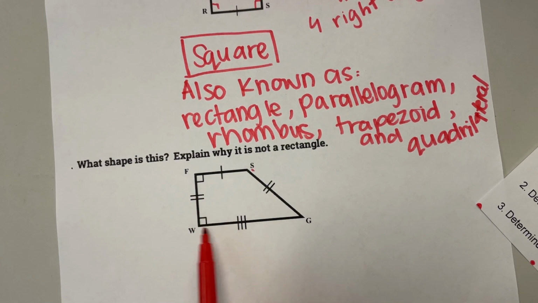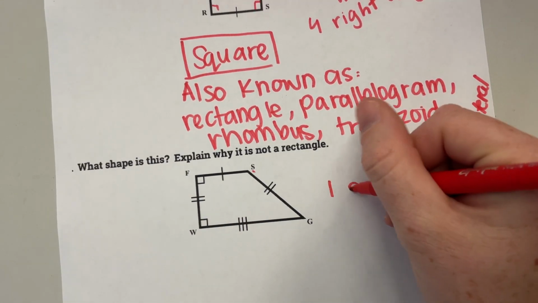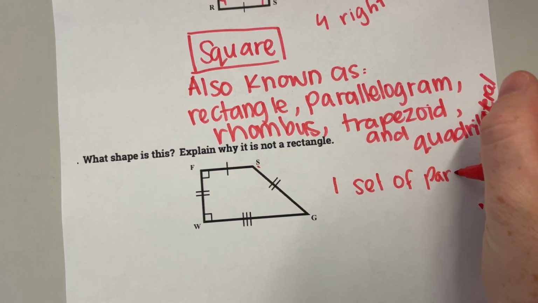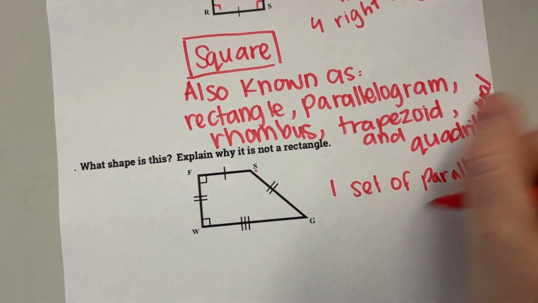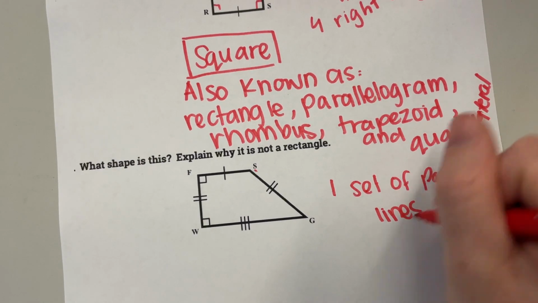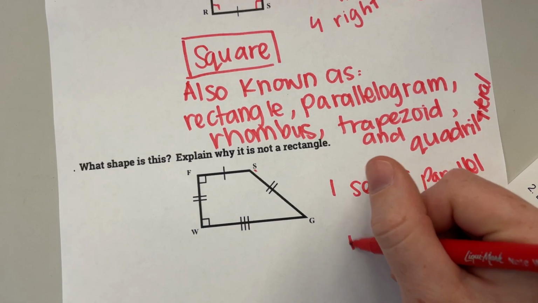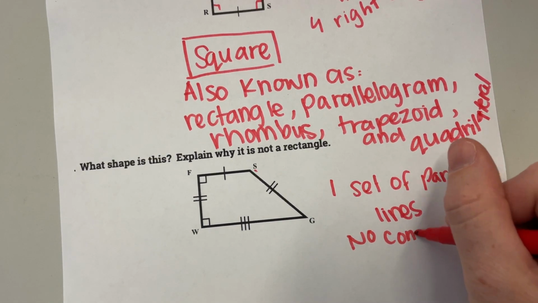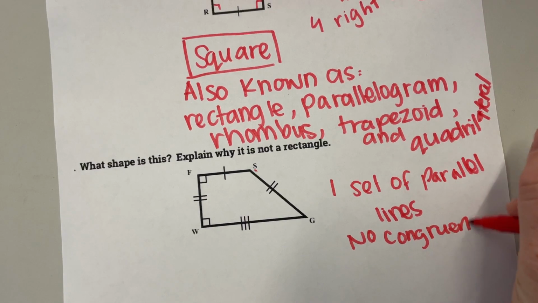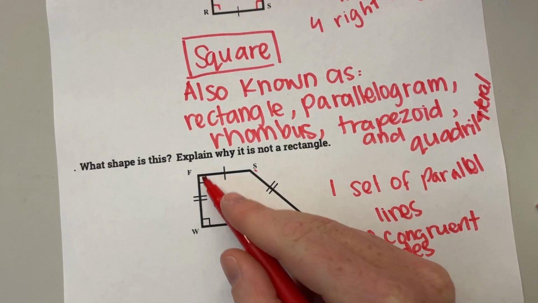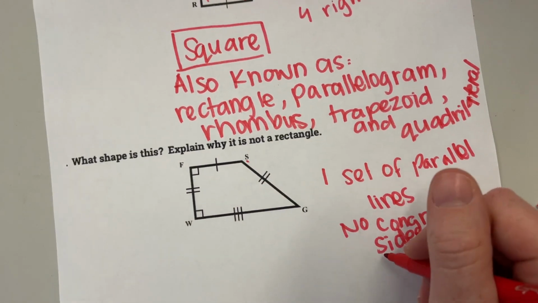So it has 1 set of parallel lines. It has no congruent sides. And there are 2 right angles.